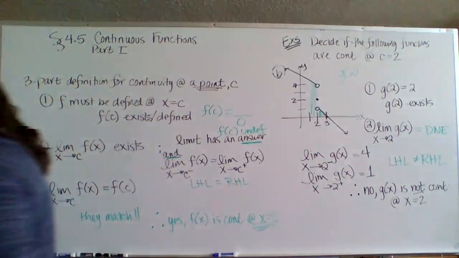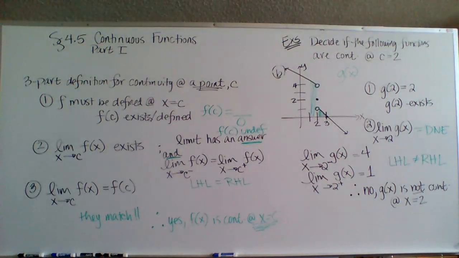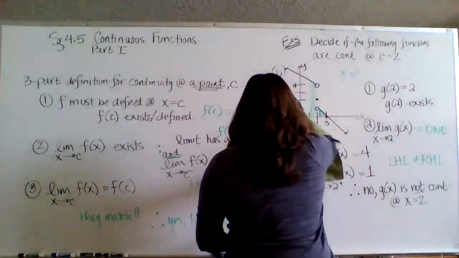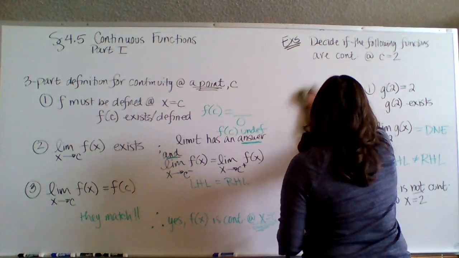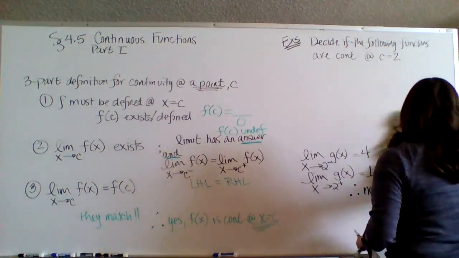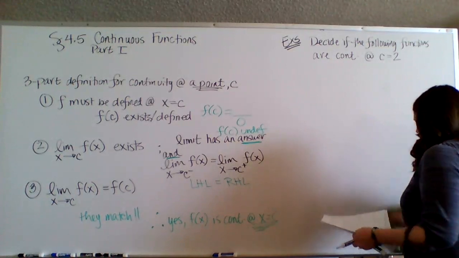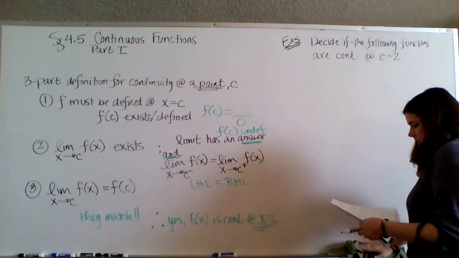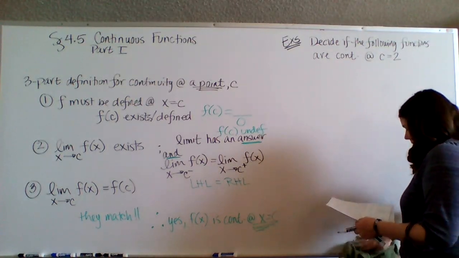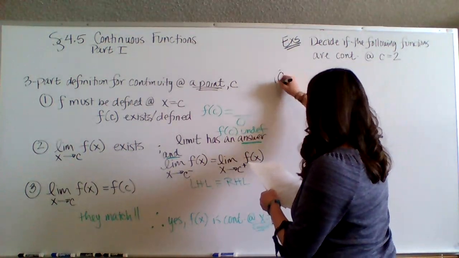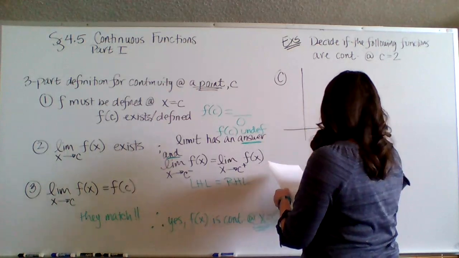Okay, so part C. Again, this one I'm just going to give you the graph for and not a rule, and we'll analyze it graphically. But the directions are the same on all of these. We're using this three-part definition and trying to decide whether or not we're continuous at c equals 2. So part C, we have, again, mostly quadrant 1.